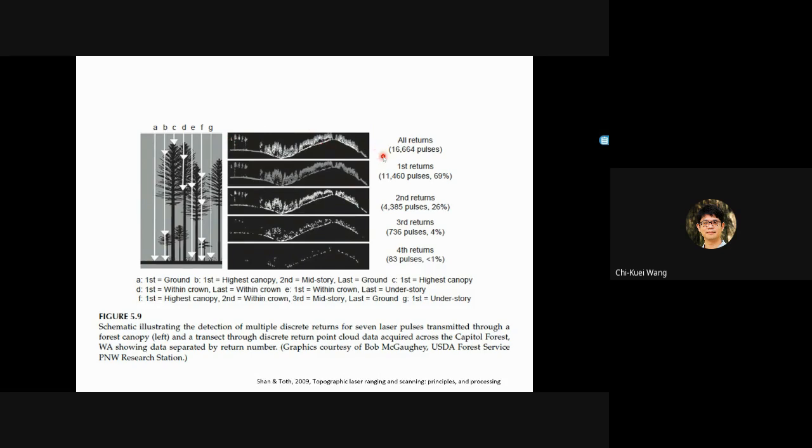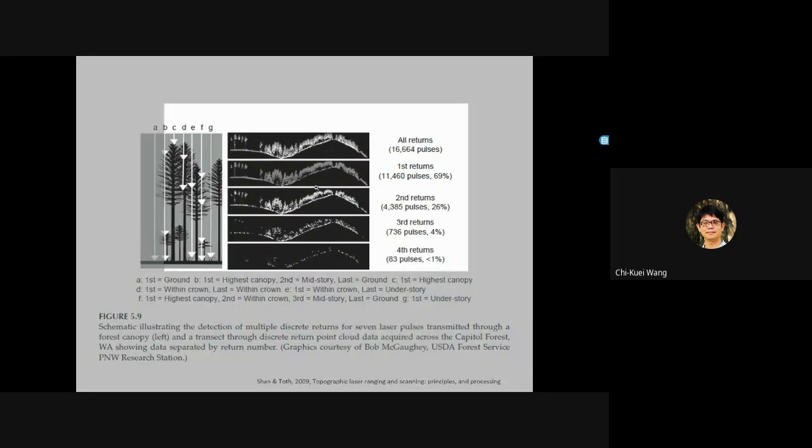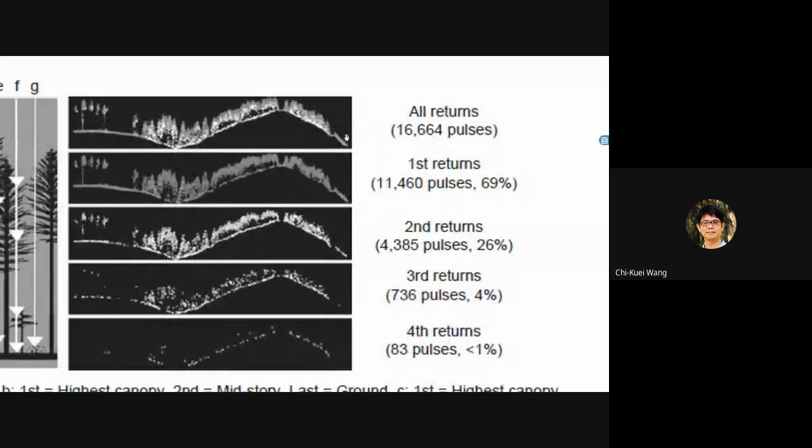Let me zoom in. You separate into first return, second return, third return, and fourth return. The fourth return has a high probability of being the terrain. The third return is also on the terrain and also has some of the second vegetation. The second return has a lot of vegetation, but also quite a bit of the surface.